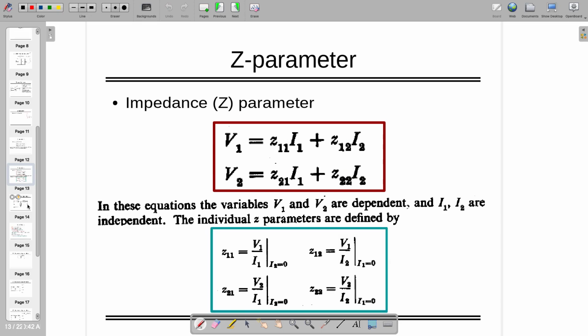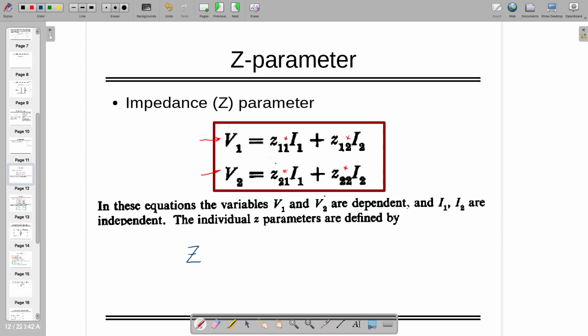If you agree with this one, and we also agree that V1 and V2 are dependent, I1 and I2 are independent, then we can define four quantities which are not known to me right now, which are called Z11, Z12, Z21 and Z22. Those quantities I can write down. If I am interested in writing down Z11, then it's del V1 by del I1 when I2 is equal to 0. And this is not there, I can write down this.